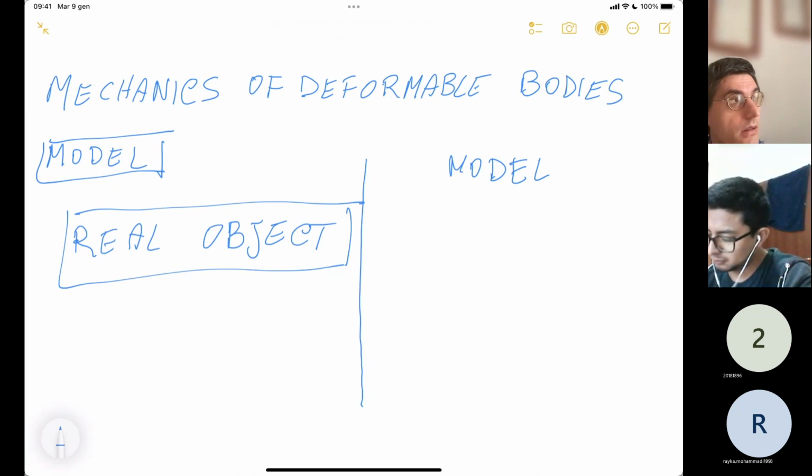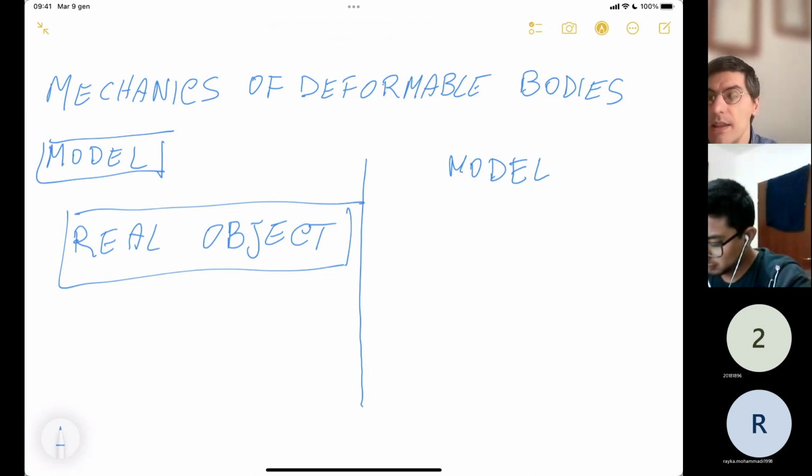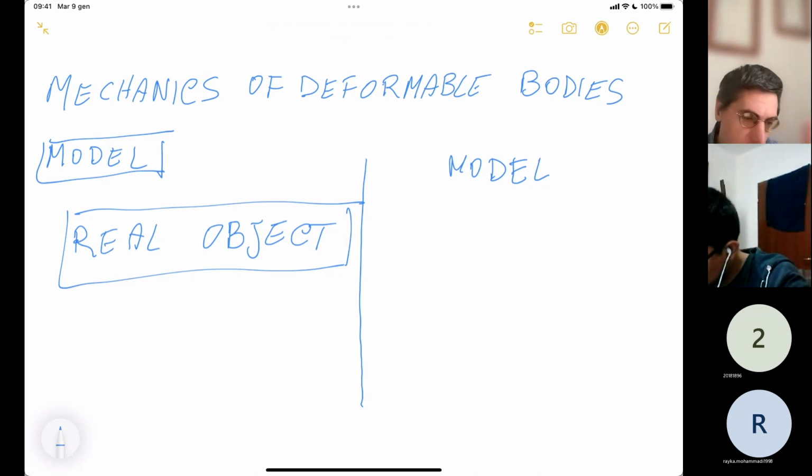But if you consider that they are two separate things, and the model is able to represent just some particular case of the real world, you will see that with different models, you can see different things about your real object.